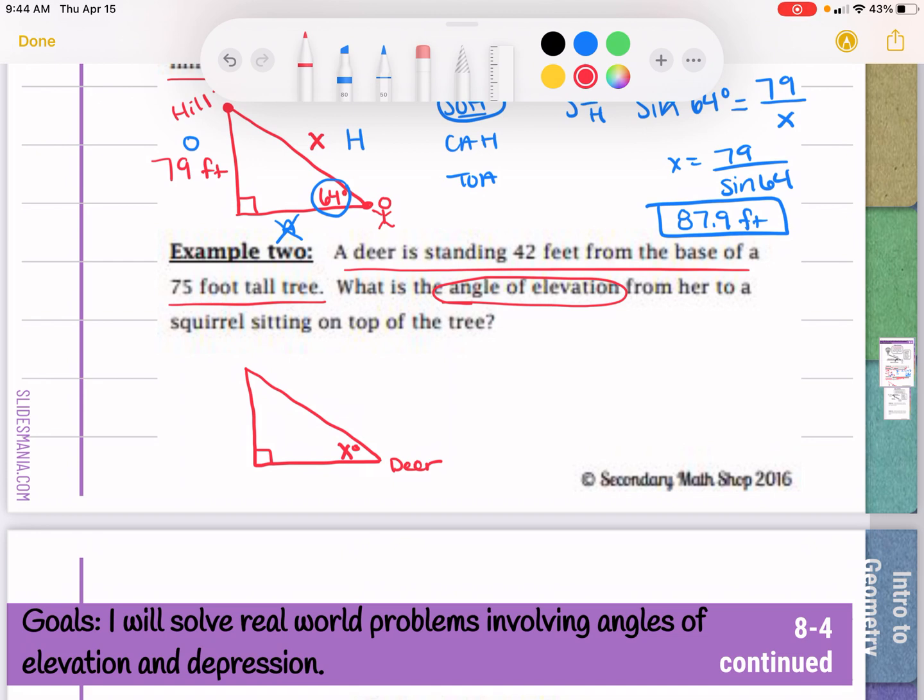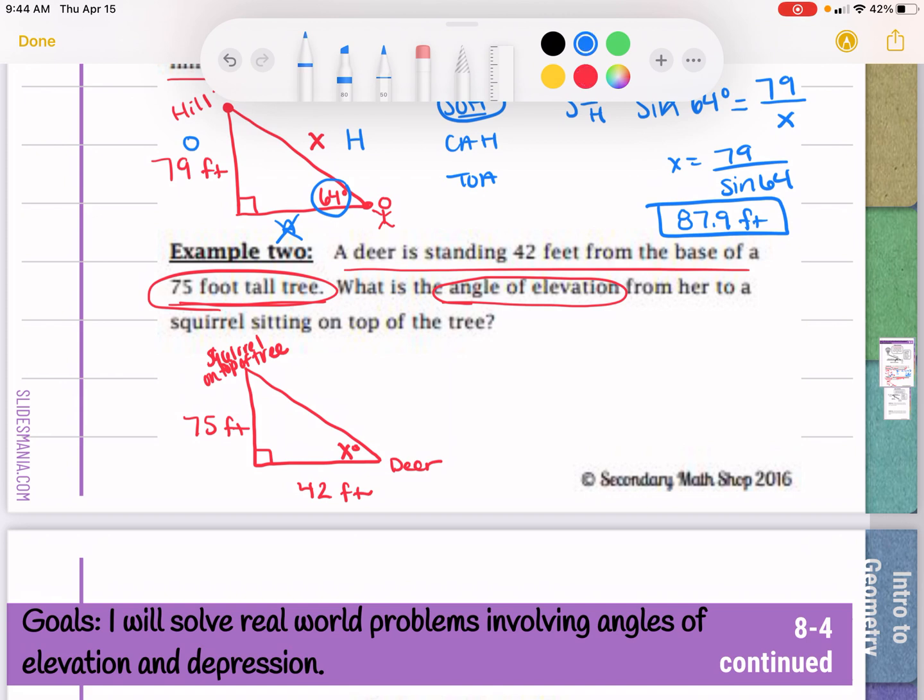So if our tree is on this side and the squirrel is sitting on top of the tree, the deer is 42 feet from the base, and it says the tree is 75 feet tall. So that 75 feet would be the height. So that goes on the vertical, the up and down, the base is the horizontal. And now we have our triangle set up, we can figure out that angle of elevation.